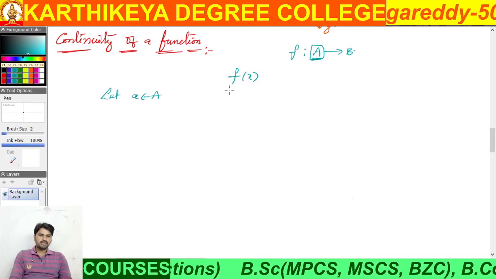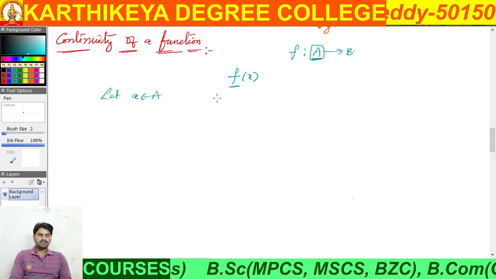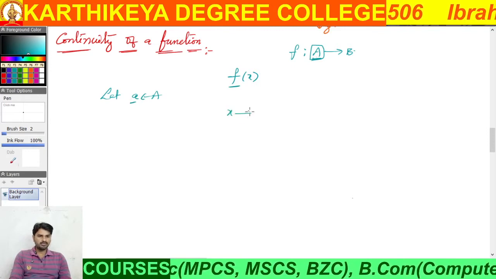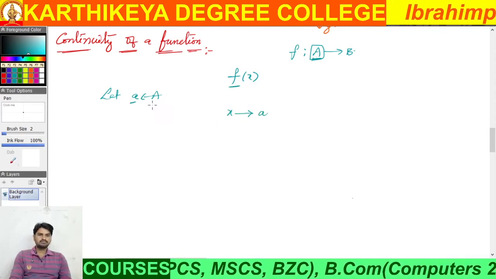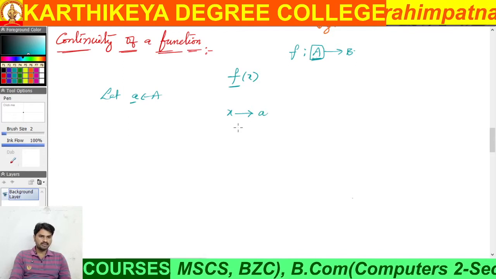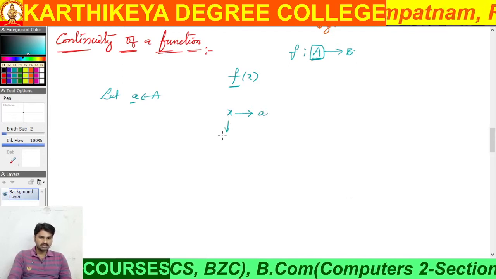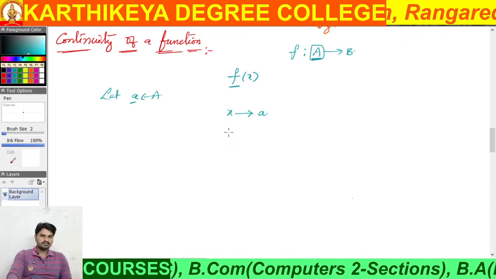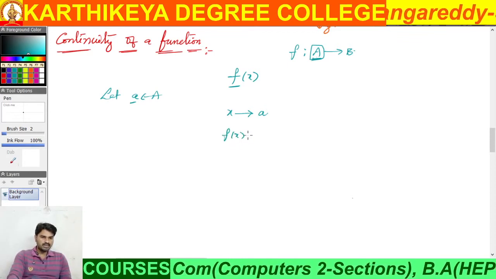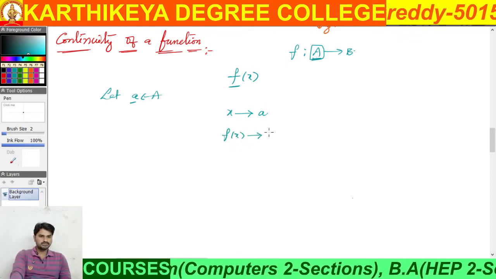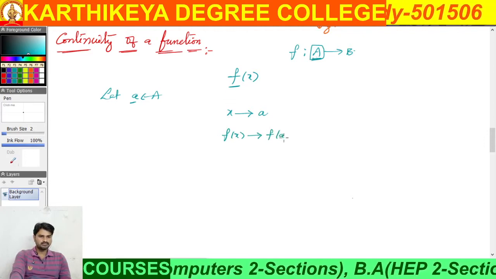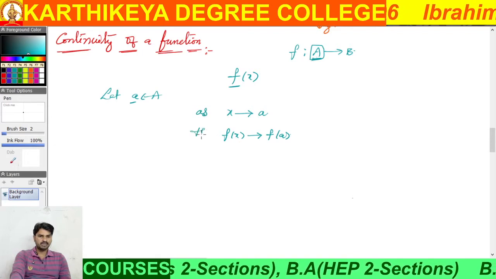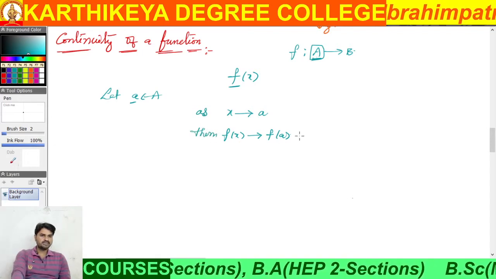So the function f is said to be continuous at the point A if all the domain points x go near to A, then their images f of x go to f of A. Okay, that means as x tends to A, f of x tends to f of A.